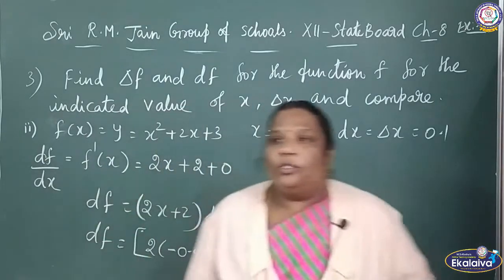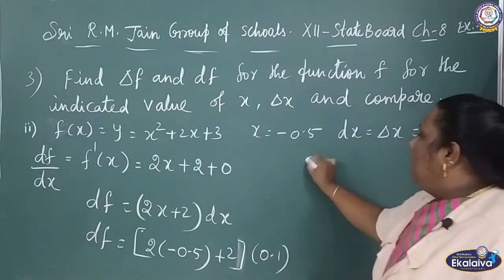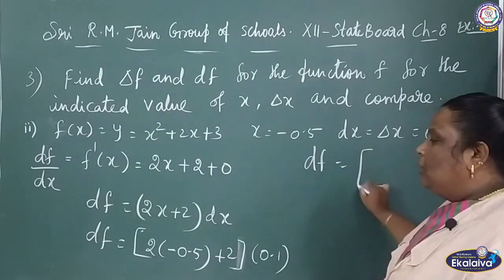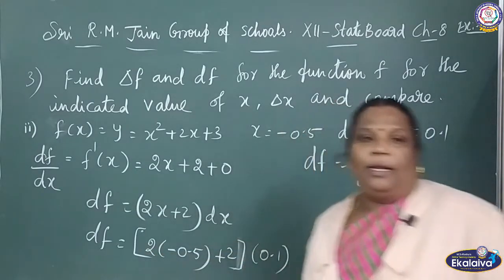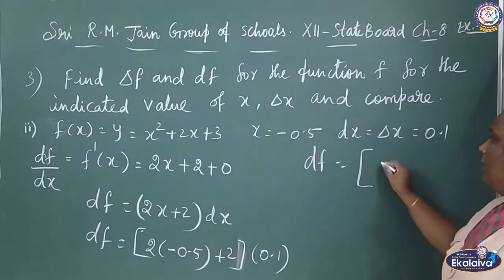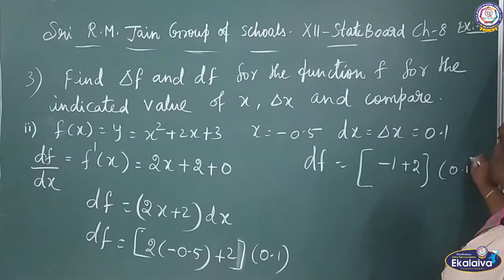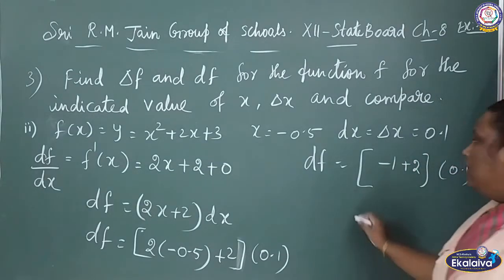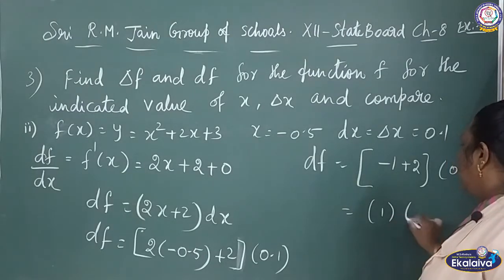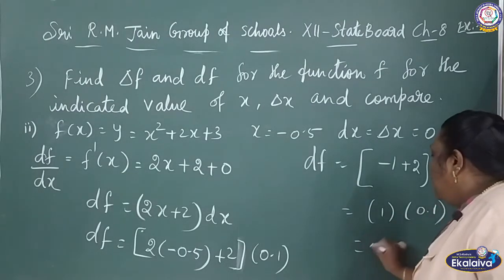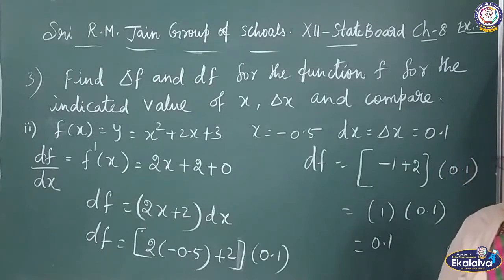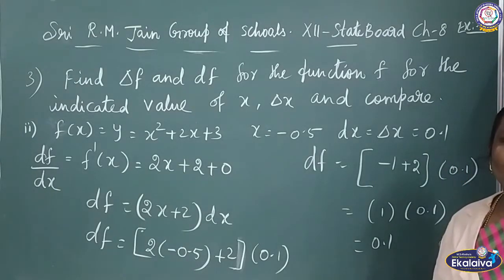See here, so what is the value for this? df equal to 2 into minus 0.5 is minus 1, plus 2 into 0.1. So, it gives 1 into 0.1, the value is 0.1. So, df value is equal to 0.1.